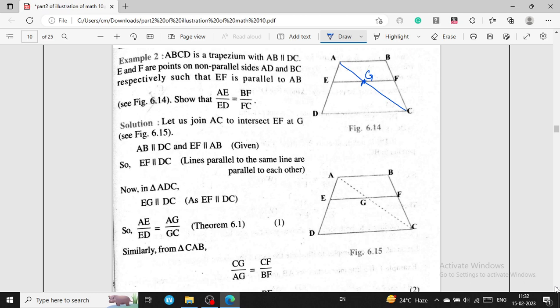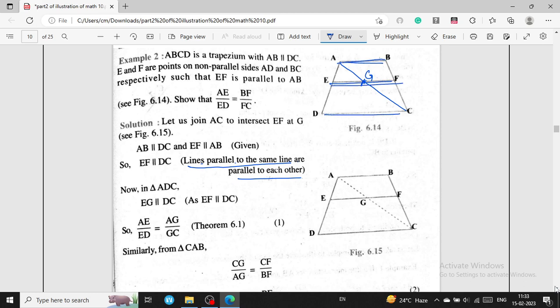Now we can say EF is parallel to DC, because lines parallel to the same line are parallel to each other. EF is parallel to AB and AB is parallel to DC. Now in triangle ADC, EG is parallel to DC because EF is parallel to DC.